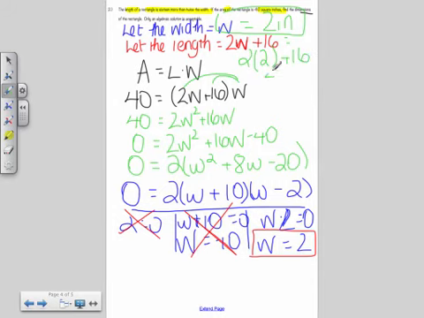So I get 4 plus 16, which means that the length is 20 inches. Which should make sense to you, because if the width is 2 and the length is 20, the area would be 40 square inches, which is what we want.